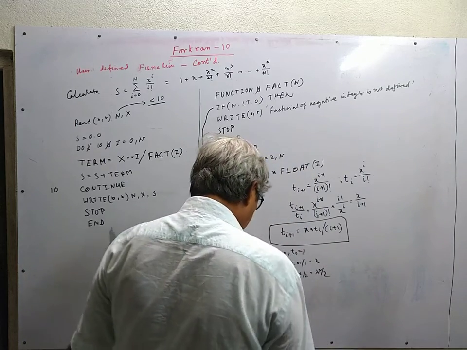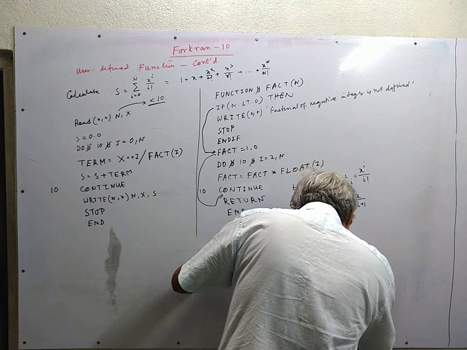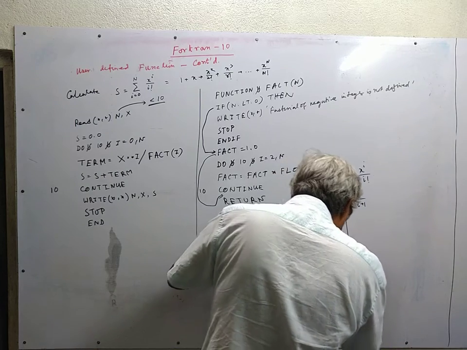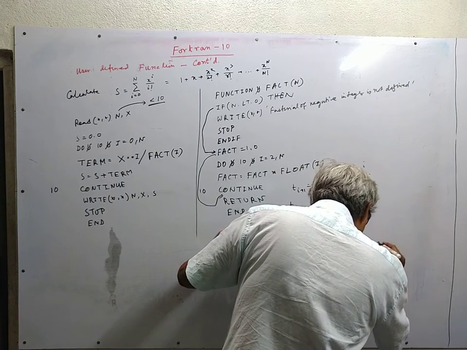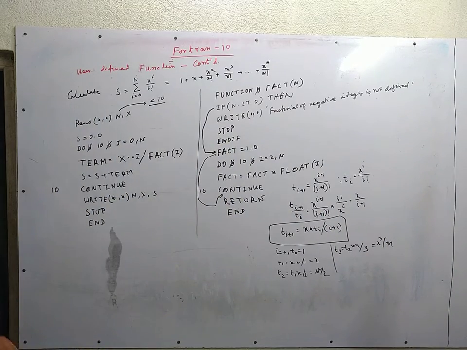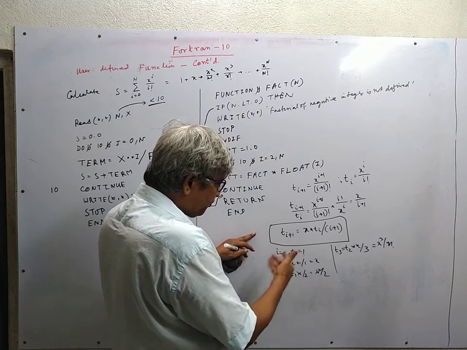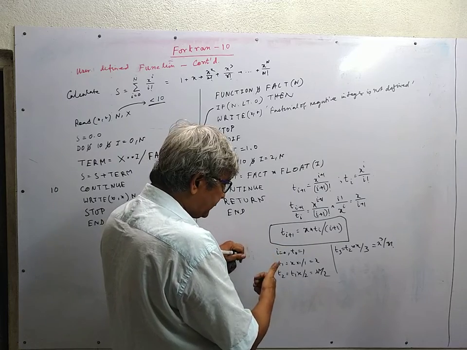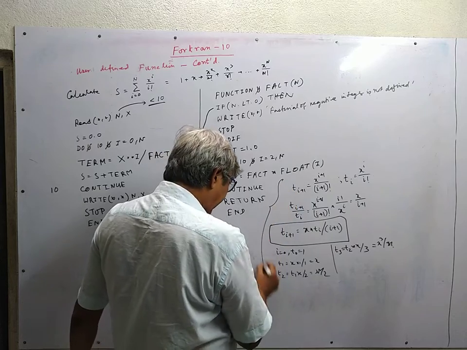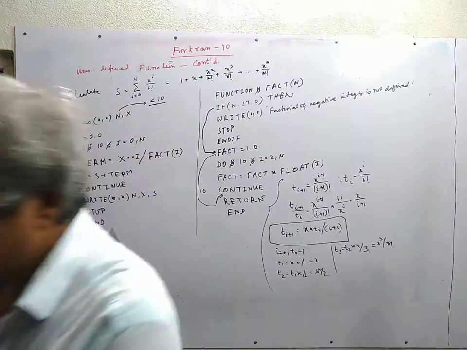Now come to t3. t3 is equal to t2 times x by 3, so this is x cubed by factorial 3. That's why the recursive relation is used to develop one term from a knowledge of its preceding terms. And in this case, you can take, say, up to 10,000 terms, and no appreciable error will be introduced.